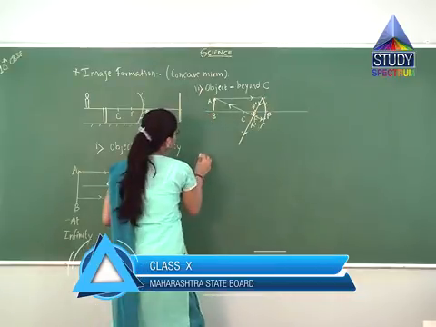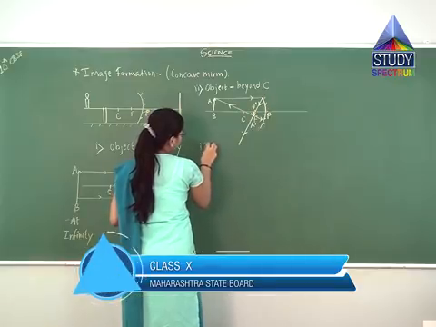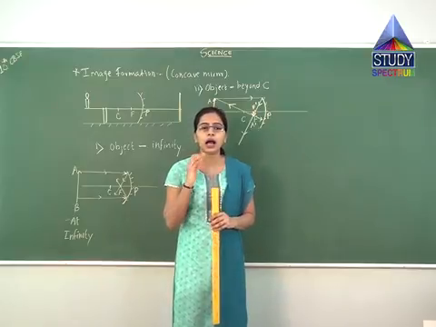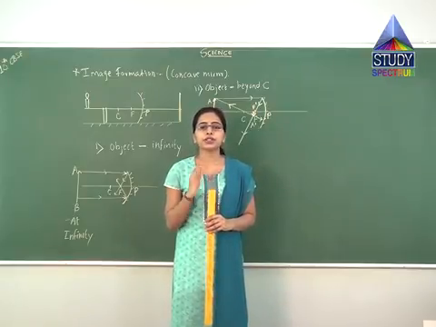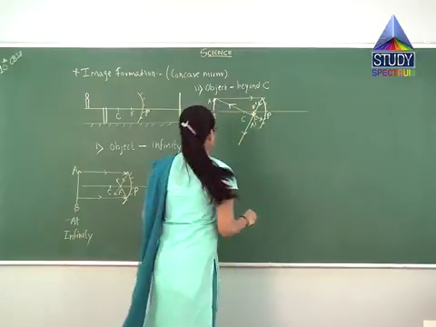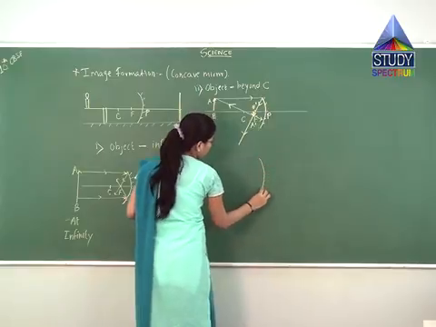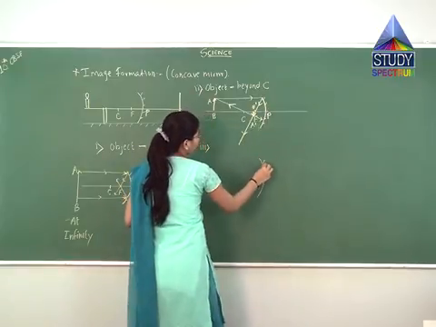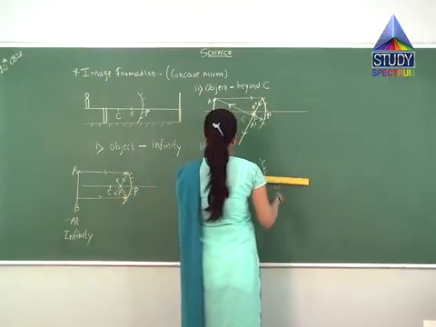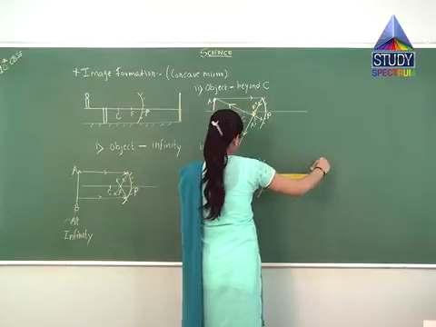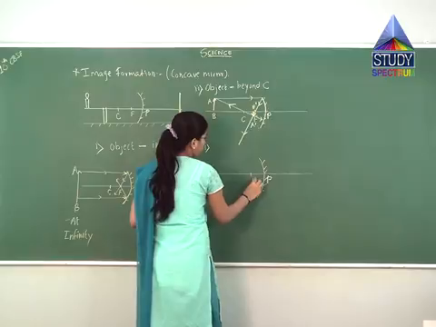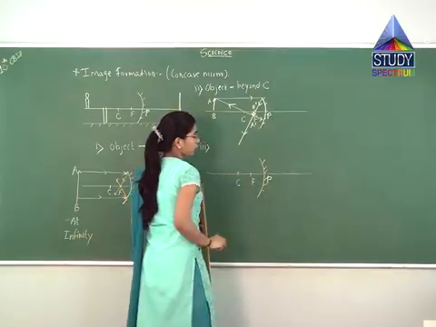Now let us move toward the next case. In this case, we are putting our object at point C, that is the center of curvature. Again, let us take a concave mirror. This is your principal axis, here is your focus, and here is your center of curvature.